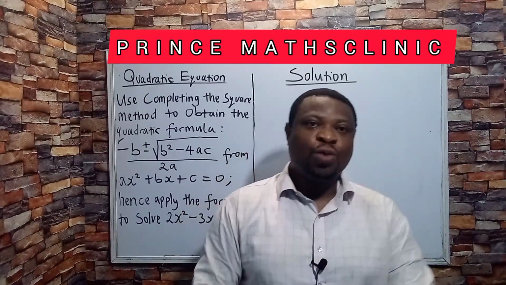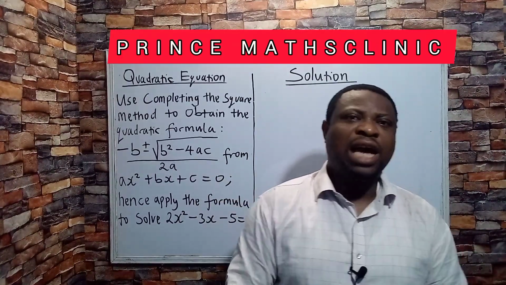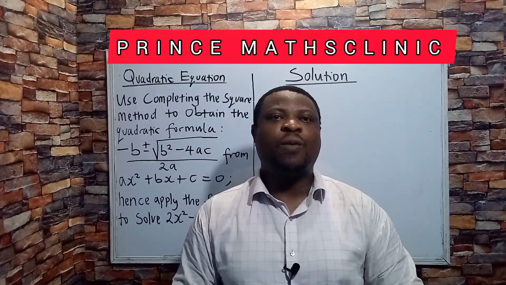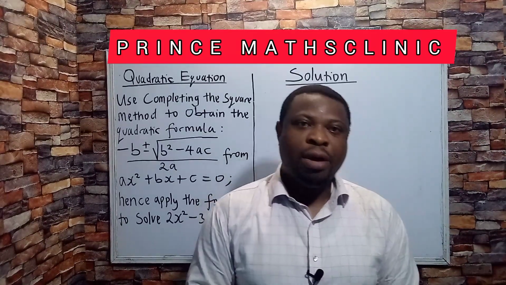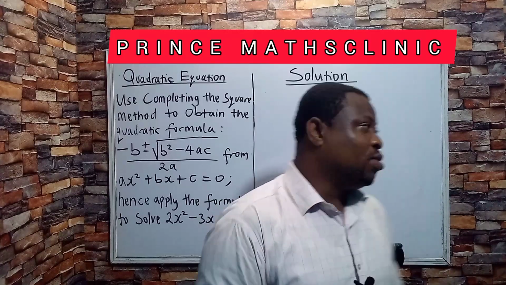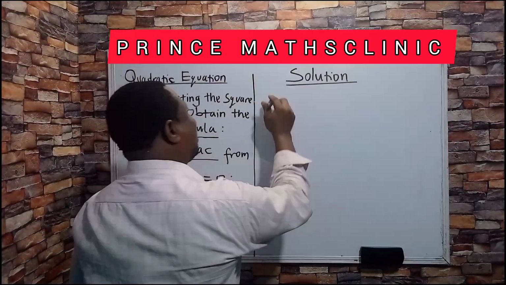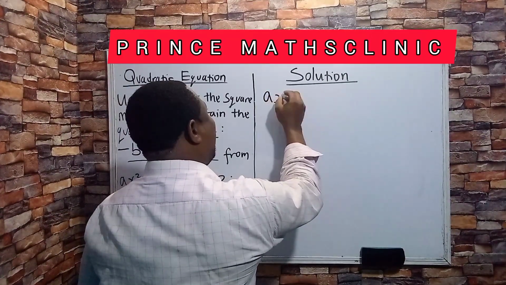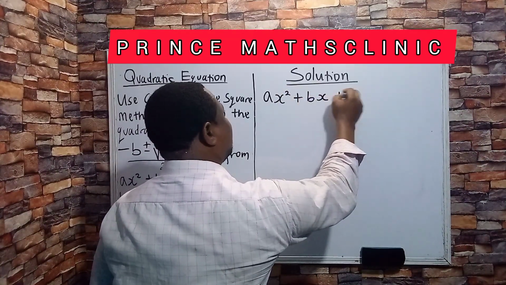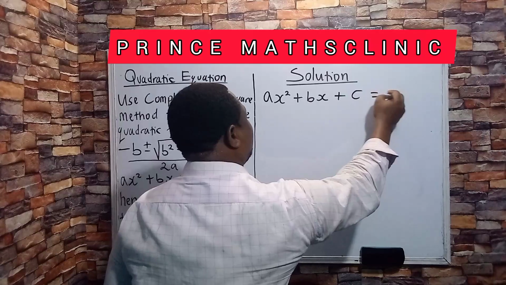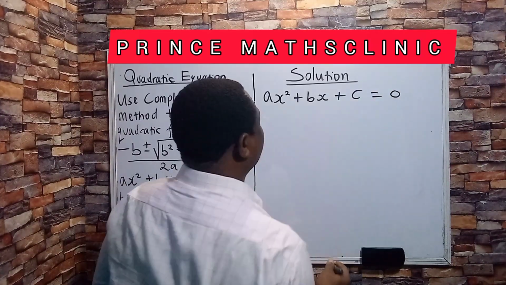But before we use the quadratic formula, let's see how we can obtain it using the lessons we learned from the completing the square method. So let's go right into it. We are given that ax² plus bx plus c is equal to 0.